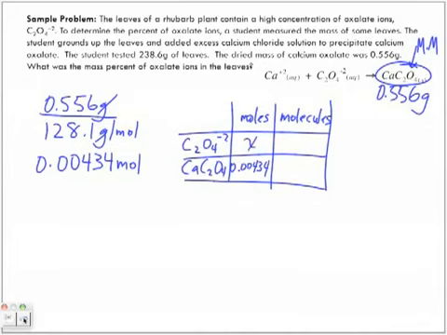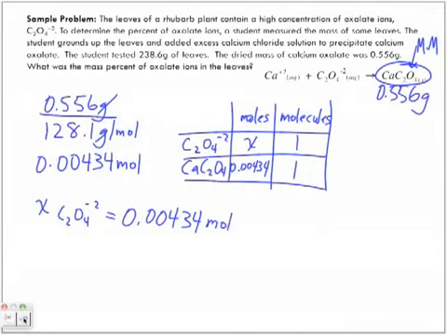We're trying to find the number of moles of the oxalate, but the ratio is 1 to 1. Because the ratio is exactly 1 to 1, x is equal to the same thing. So the x of the oxalate is equal to the same number of moles as we've calculated for the calcium oxalate. Oops, moles.